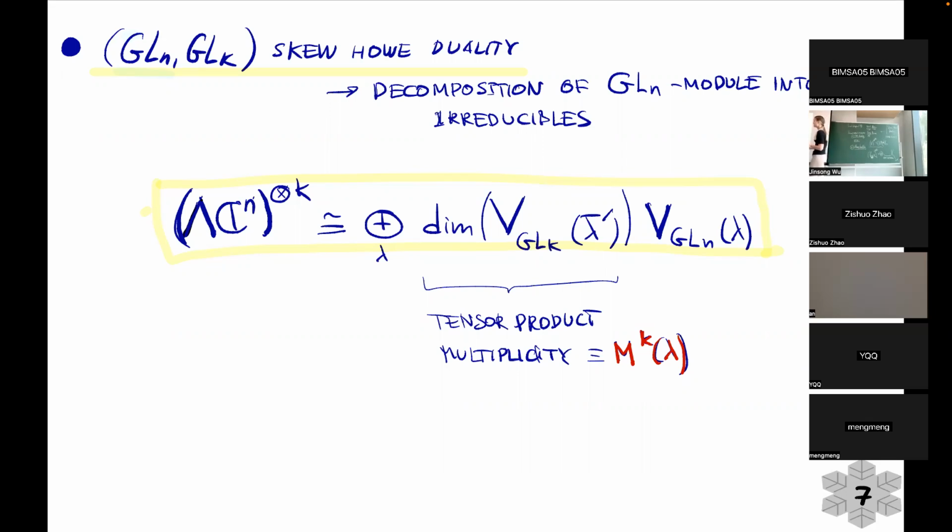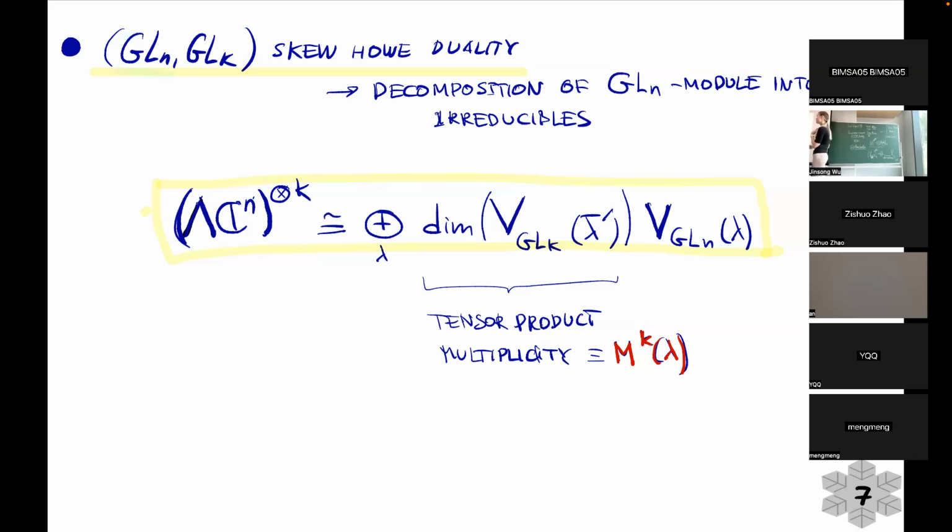Here you can see that the multiplicity in the tensor product decomposition is the dimension of the GL_p module corresponding to the diagram of lambda bar prime. And that gives us some hope about whether this is the case where the multiplicities could be factorizable and easily described.